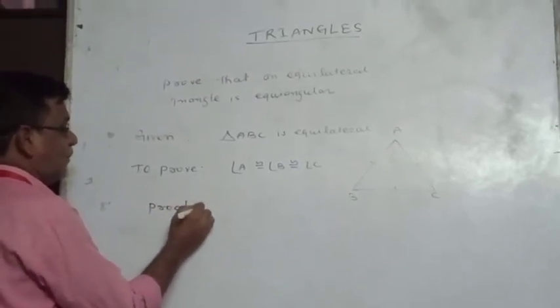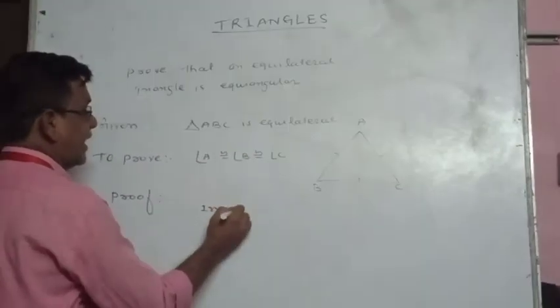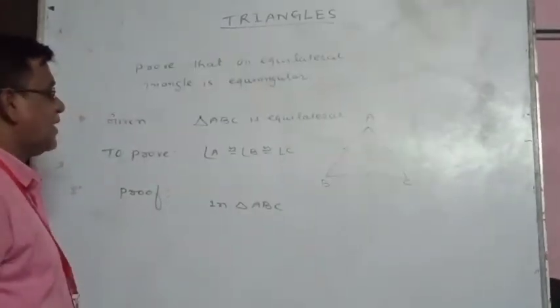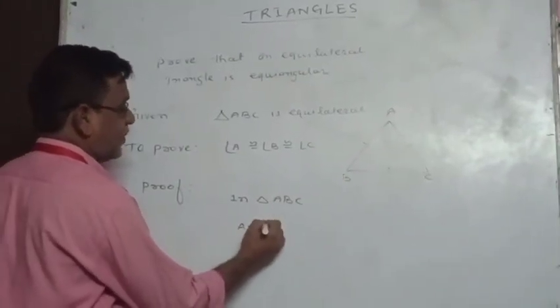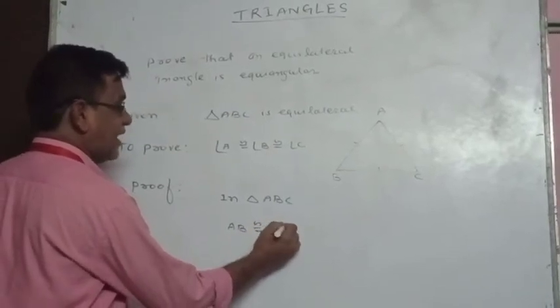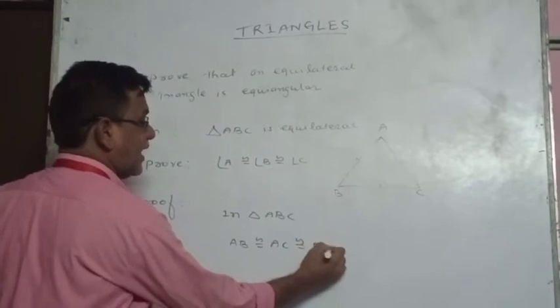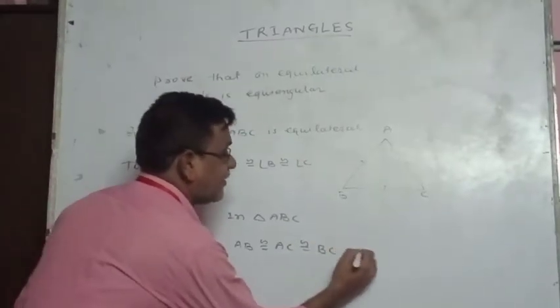First we know that in triangle ABC, AB is congruent to AC is congruent to BC. It is given to you.